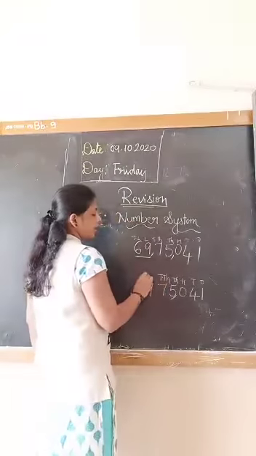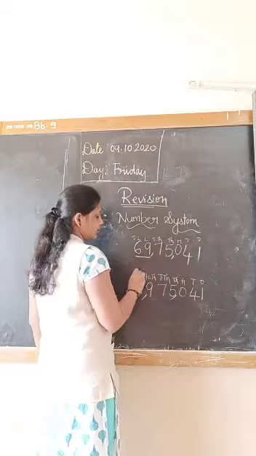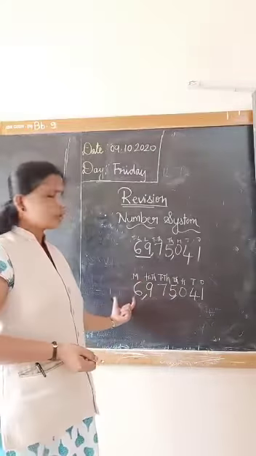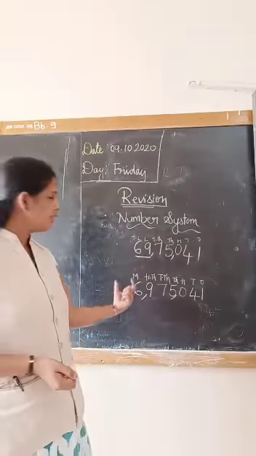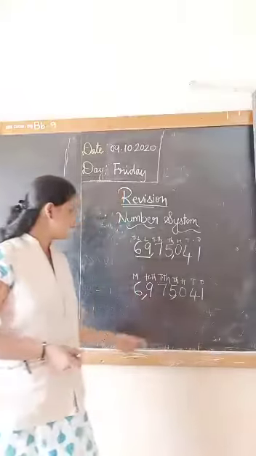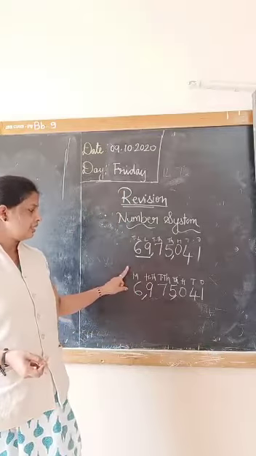Next, after that, 100,000 and million. So again here we have periods. Here this is called the millions period, the thousands period and the ones period. That is the same. Now how to read? 6 million.